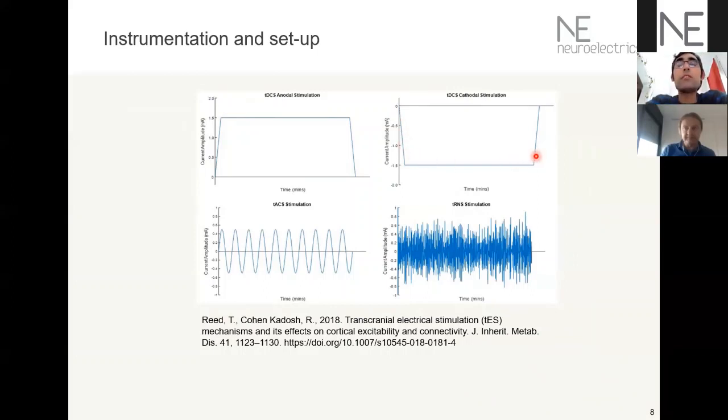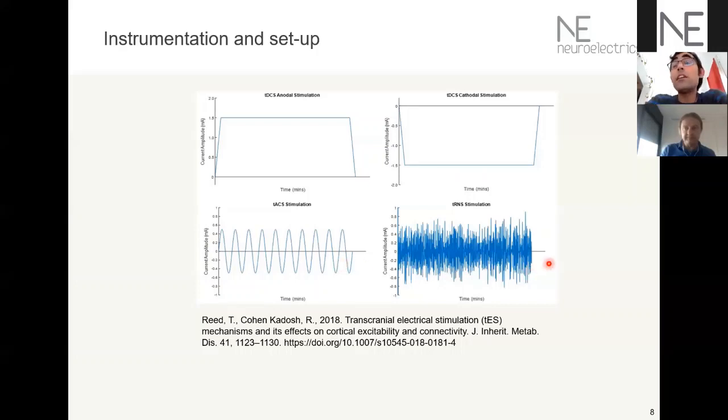tACS, transcranial alternating current stimulation, is a form of tES in which the current varies sinusoidally with time, and the frequency of variation is usually in the low frequencies of EEG, so from DC to a couple of hundred hertz.